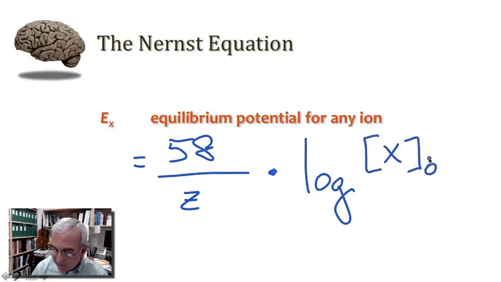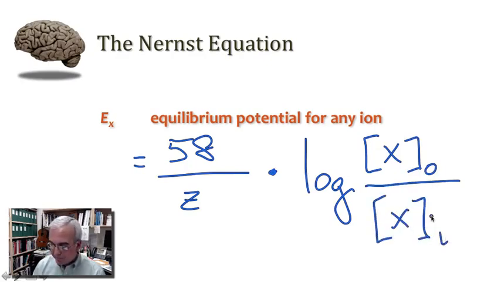That is, the concentration of the ion outside of the cell divided by the concentration of the ion inside of the cell. So this is the form of the Nernst equation that I do want you to know, and it's provided for you in your tutorial notes, your handout for this session.